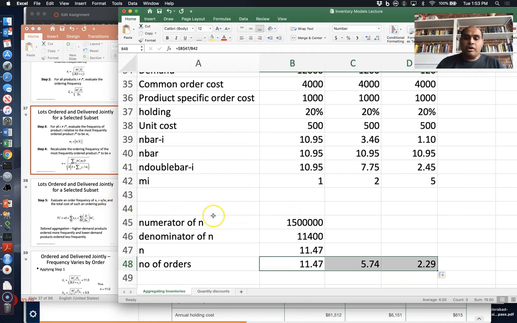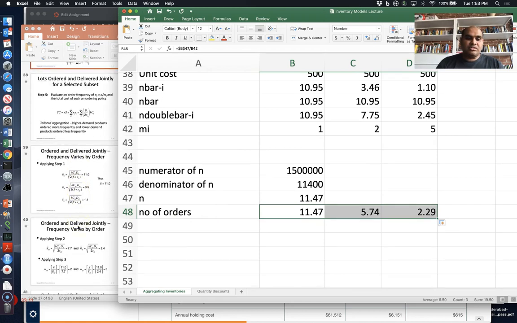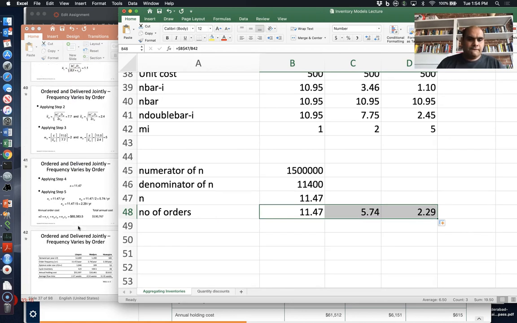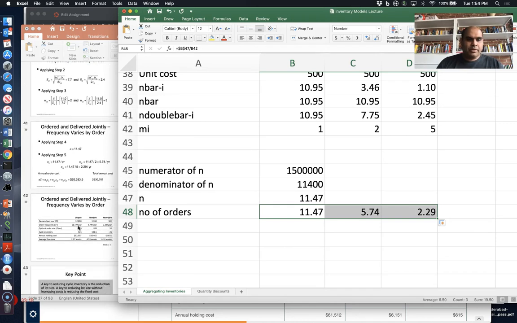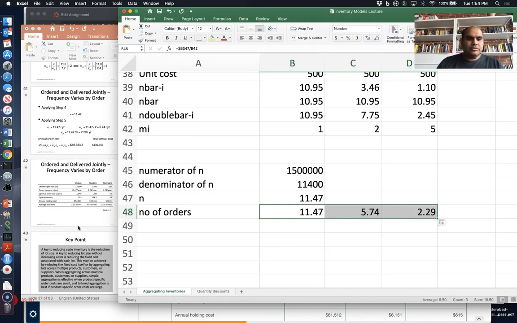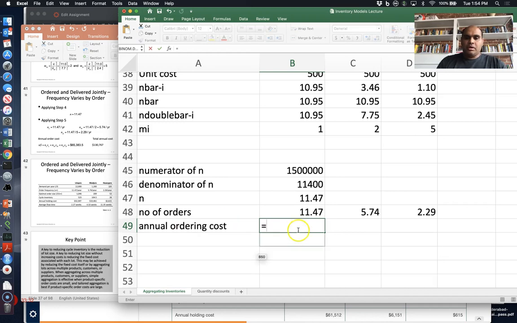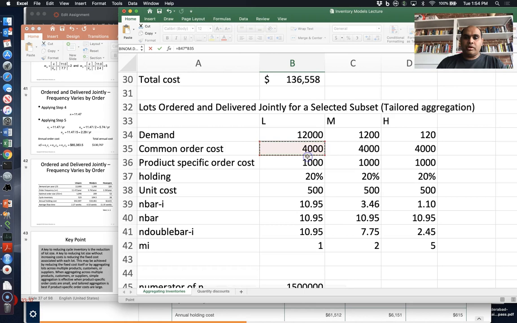So once you have the number of orders, you can calculate the total cost of everything. Right. So once I have the number of orders, I can calculate the annual ordering cost. So you're going to order 11.47 times the common ordering cost.